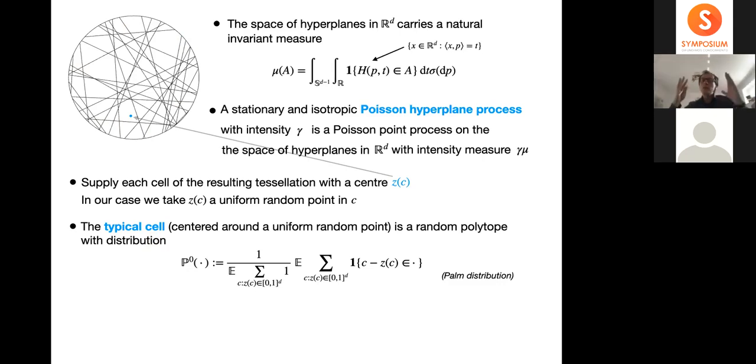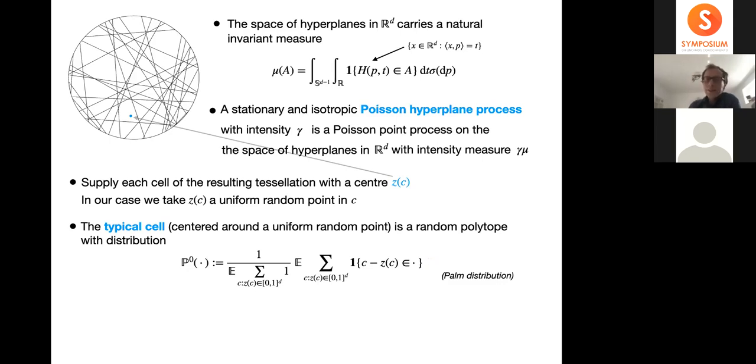Now you expand your window and expand, and the limit of these distributions of random polytopes that you always shift to the origin will be your typical cell. So you select uniformly at random from your infinite collection of random polytopes. Of course, this is not possible literally because you have infinitely many, but if you do it like this, then this is the notion of the typical cell.